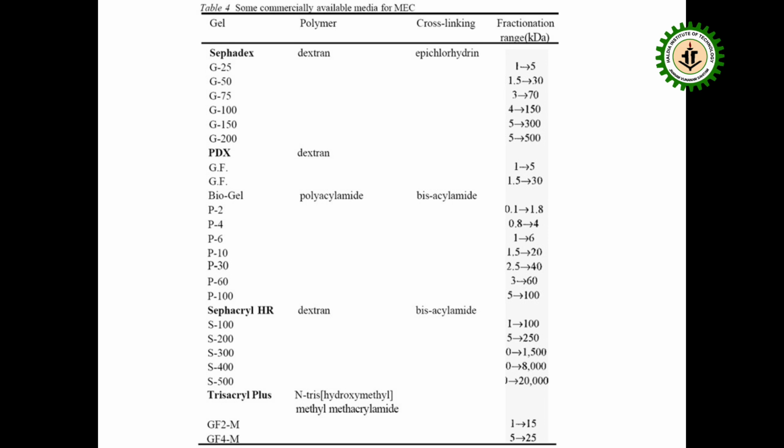One is Sephadex, another Sephacryl, and others such as Superdex and Sephacryl, with their fractionation ranges. These are the gel materials, that is the stationary phase. The polymer is actually prepared for Sephadex, Superdex, Sephacryl or Sephacryl Plus, with cross-linking of the monomer, and their fractionation range.